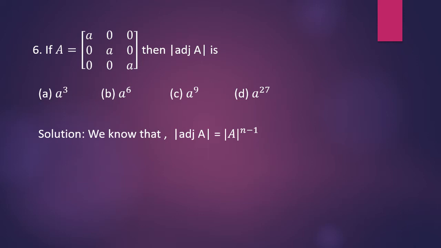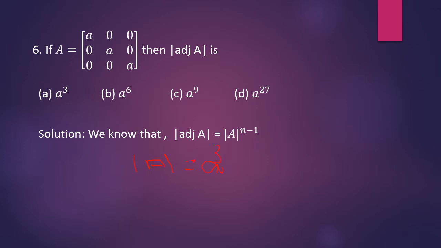For this scalar matrix, the determinant is the product of the diagonal elements. So for a scalar matrix, we can easily find the determinant, that is multiply the diagonal elements. If you multiply the diagonal elements, A into A into A, that is A cube. Therefore, determinant of A is equal to A cube.